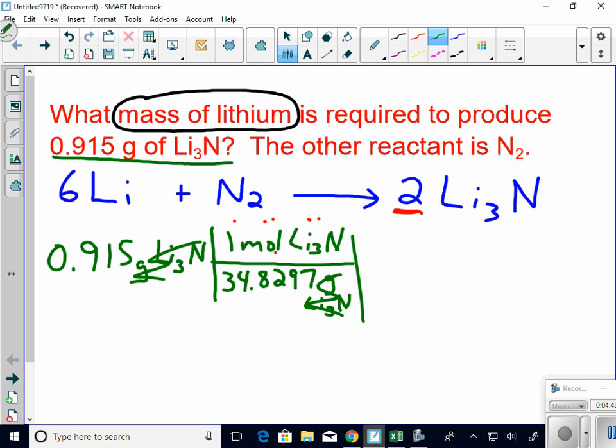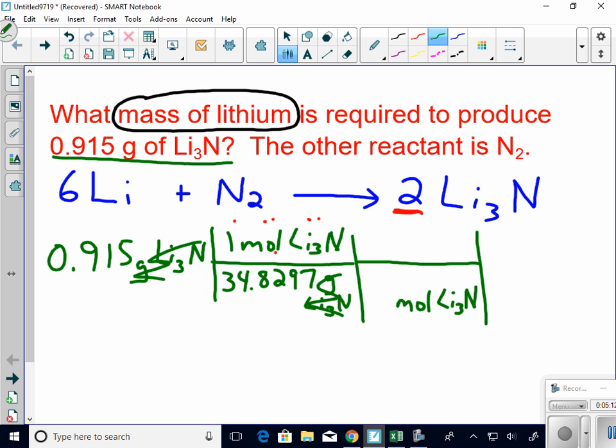Now, I'm going to bring in my molar ratio. I usually just draw another conversion box. Okay? I look and I say, okay, I want my mole of lithium nitride on the bottom. And what number do I get from my molar ratio?